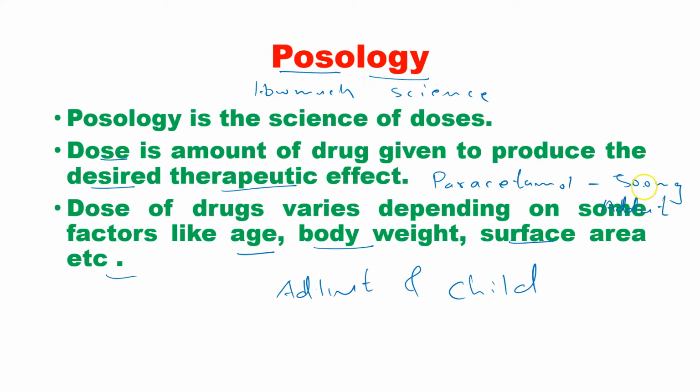Suppose 500 milligram paracetamol is the dose for an adult. So what should be the dose for a child? That has to be calculated by some formulas. What is the age of the child, what is the surface area of the child, and what is the body weight of the child will matter. So these are the factors that we consider for dose calculation. There are certain formulas by which we can calculate the dose for a child.